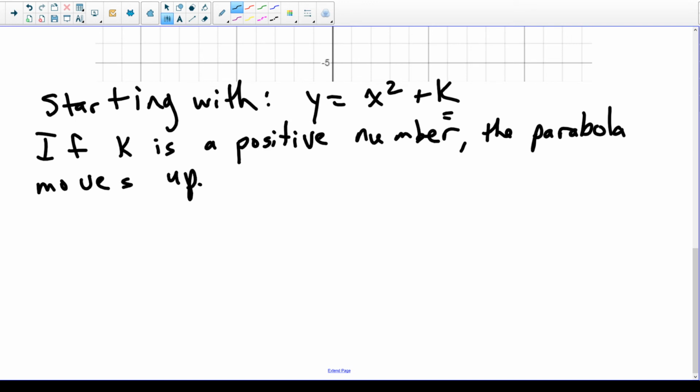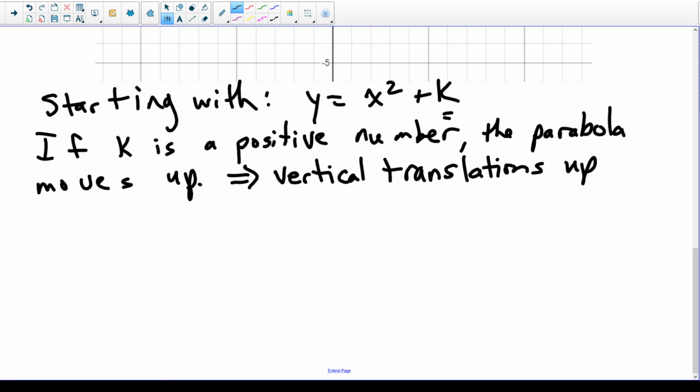Now, in math, there's actually a name for sliding things up and down and left and right. And that name, you may have heard before, is a translation. And when we're moving things upwards or downwards, we call those vertical translations. So it's a positive vertical translation or a vertical translation up.